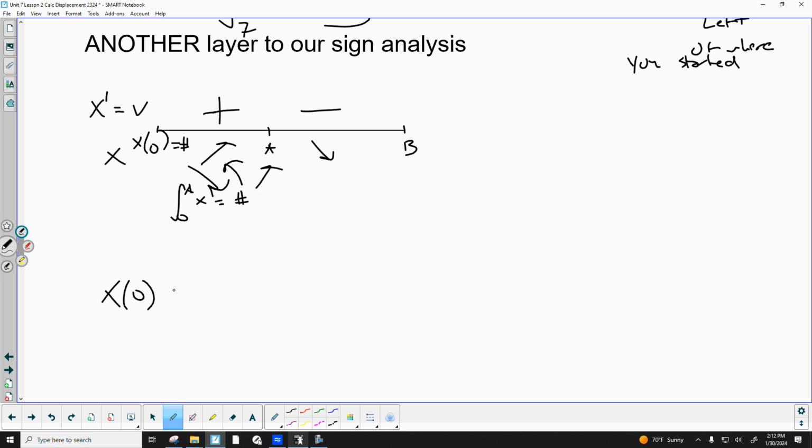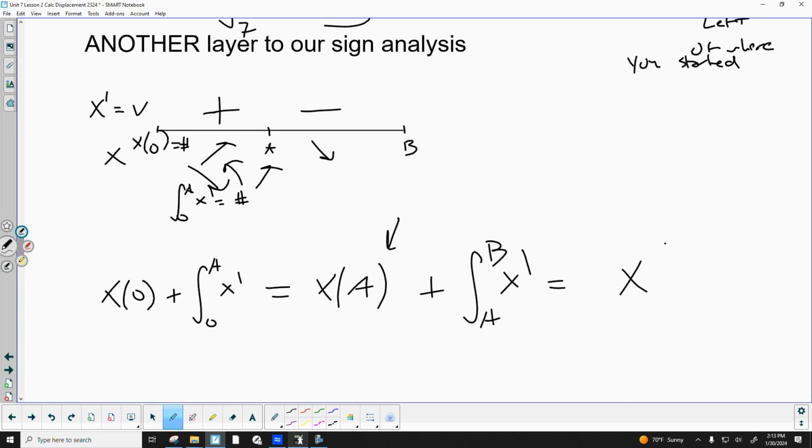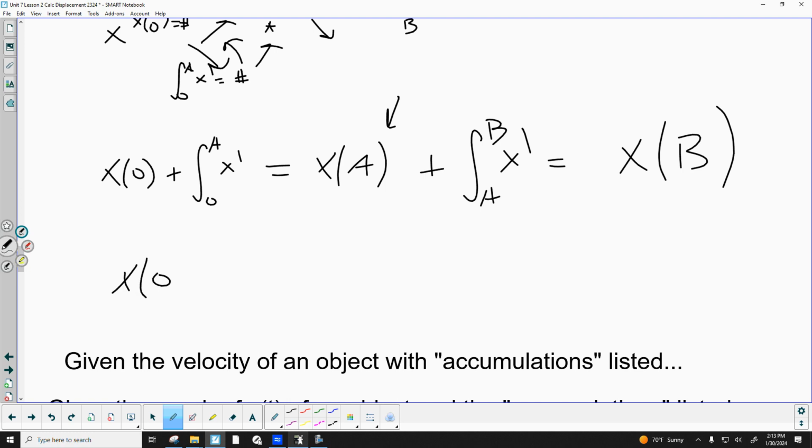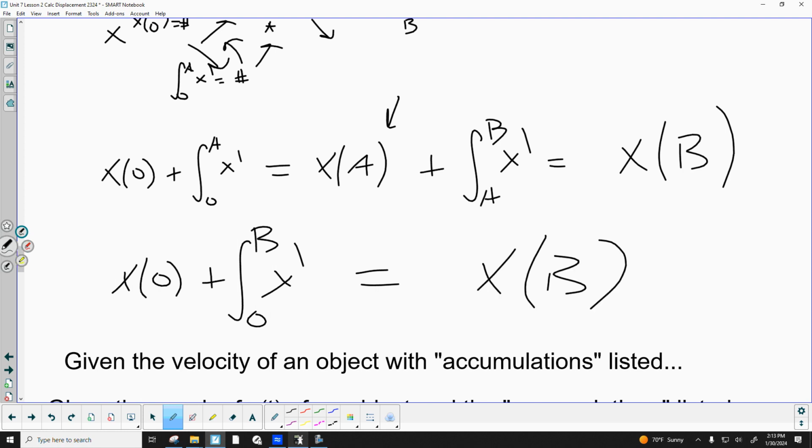You have to add your amount traveled. You have to add your displacement. You have to add your accumulation to a starting value to figure out where you're going to be in the future. Then take that and add the next set of accumulations to figure out where you're going to be in the future. Or if you wanted to go all the way to the end, you could start, add up all of your displacements, and you are at your end.